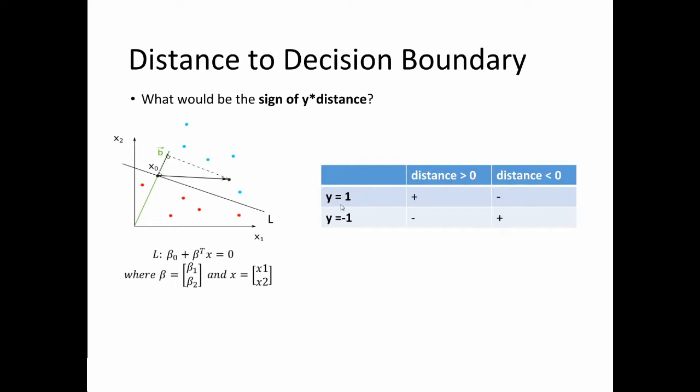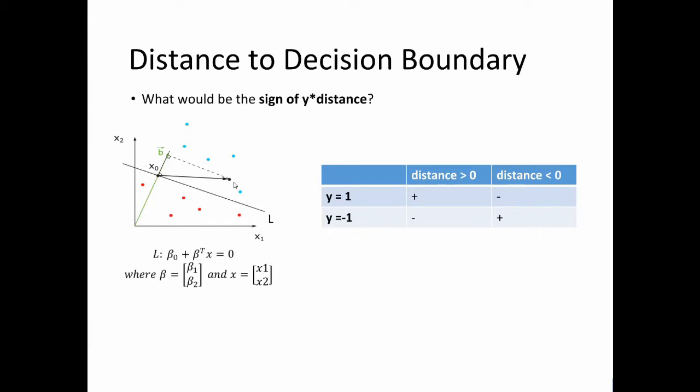So if we multiply their y by their distance, it's going to be a positive number as well. And for all the dots whose y is equal to -1, that is all the red dots, their distance is also a negative number. So if we multiply their y by their distance, it will result in a positive number.